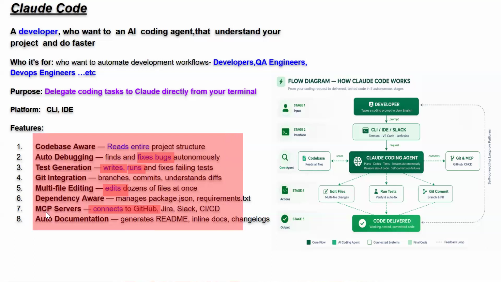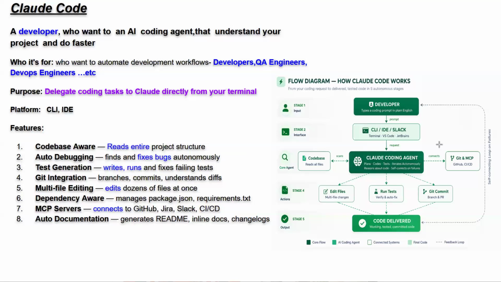Sir, what exactly is the workflow of Claude Code? As a developer, DevOps engineer, tester, or software engineer, you just give a description, a coding prompt, to Claude Code, by using the terminal, VS Code, Cursor, whatever it may be.